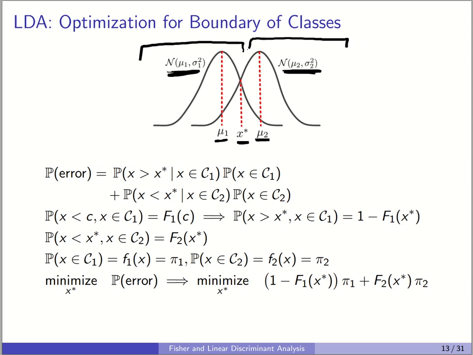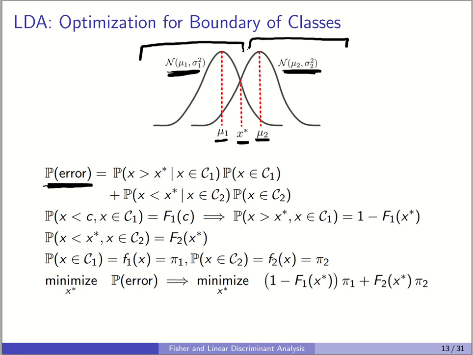We want to find this boundary. So LDA is for classification. FDA, that I explained before, was for subspace learning, or dimensionality reduction, or feature extraction. However, LDA is for classification. We want to classify these two classes. We want to find the classification boundary. What is the probability of error?